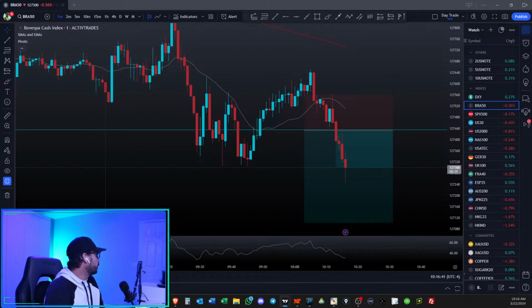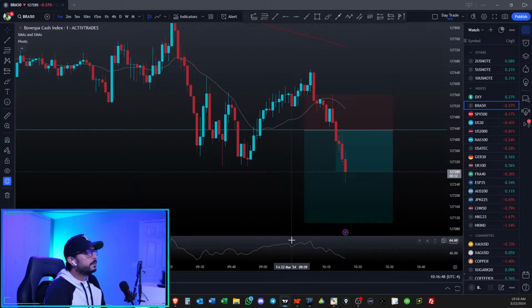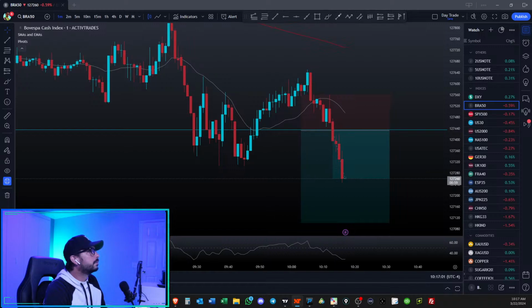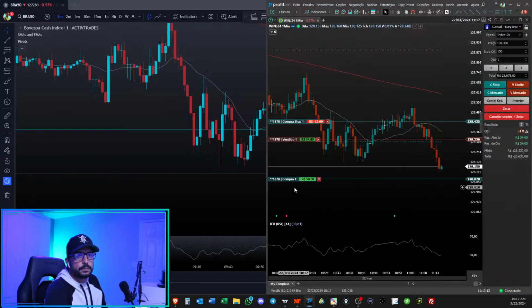All right, break even on that. No risk on the trade. Brazil mini index break even as well. It's almost hitting our target.